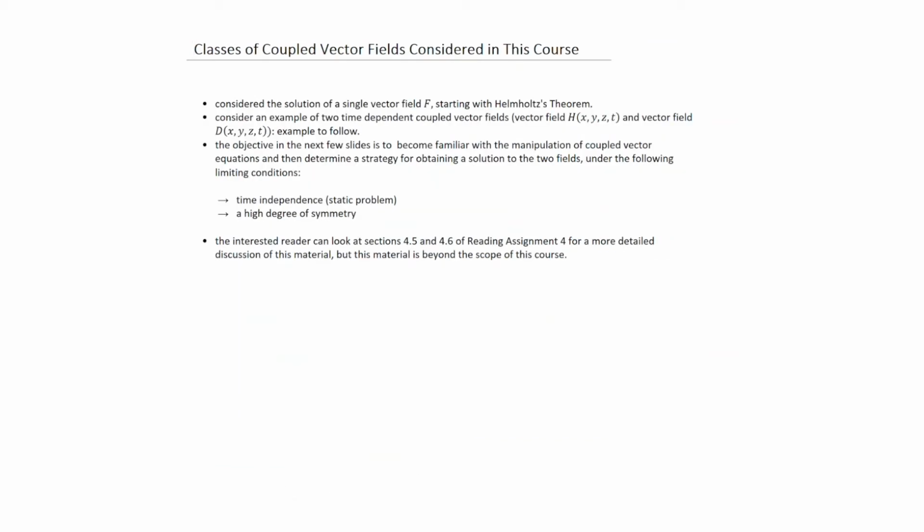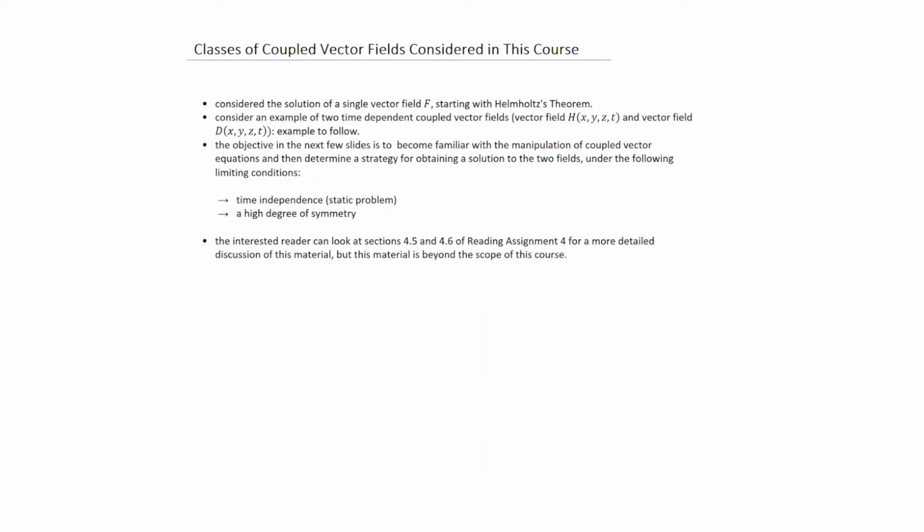Now we'll move into the example I mentioned earlier, looking at Maxwell's equations and how vector field equations are put together to describe a physical problem. Let's start simple and move towards more complicated. Consider the solution of a single vector field F, starting with the Helmholtz equation.